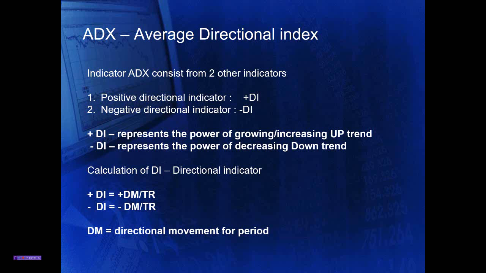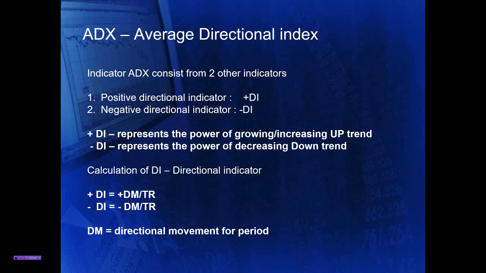If you get a negative value out of this, you write simply 0. For the minus DI, you just swap it: the previous low minus current low, and again if you get a negative value, you swap it for a 0. So there are going to be no negative values from plus DM and minus DM, from both of the directional movements for the periods.